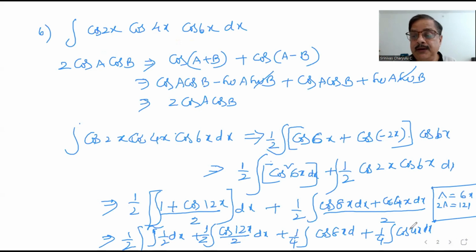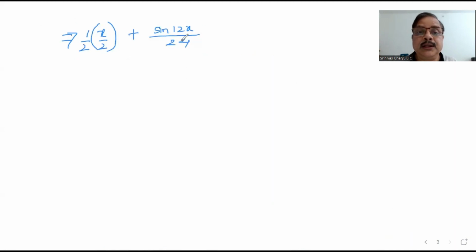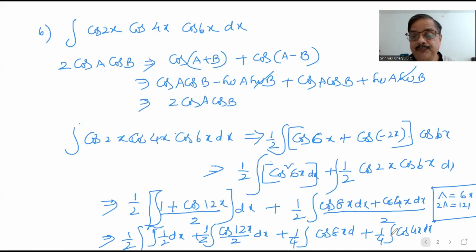So what happened now after integration? Totally 48 will come here. Sin 12x by 48. Next, cos 8x. Integral of cos 8x means sin 8x by 8. That means 32 will come in the denominator. Correct?